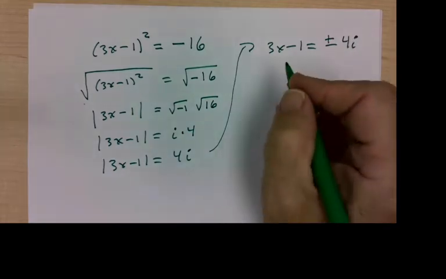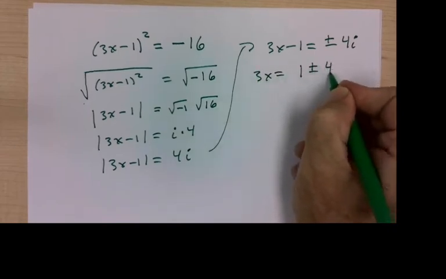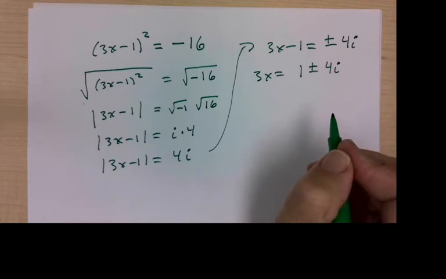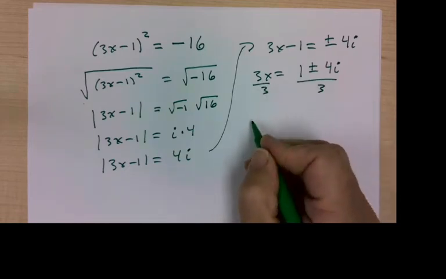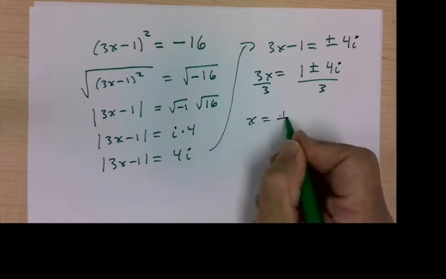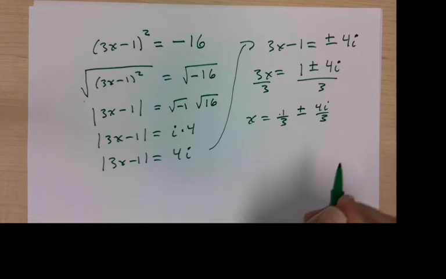Adding 1 to both sides, we get 3x is 1 plus or minus 4i. And then we'll divide both sides by 3, and we get x is 1/3 plus or minus 4i over 3.